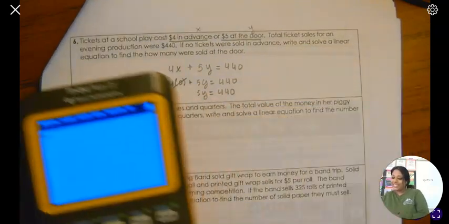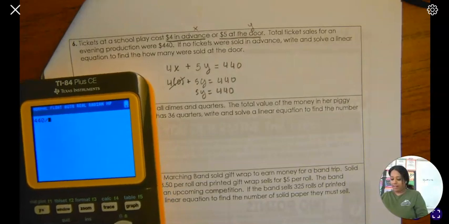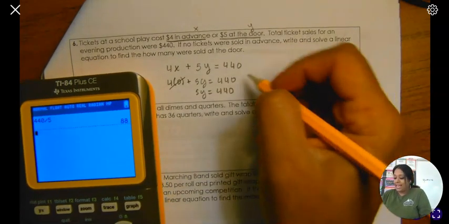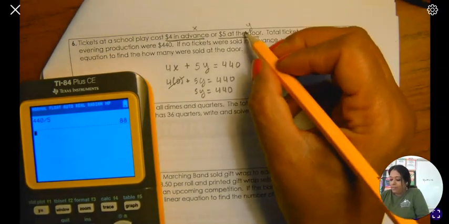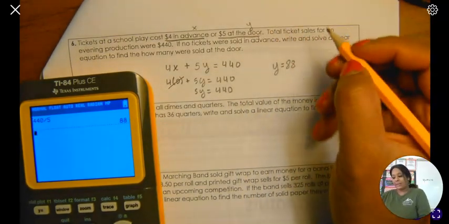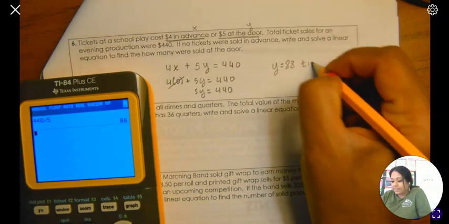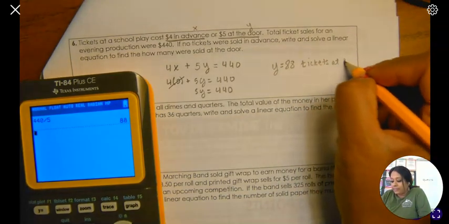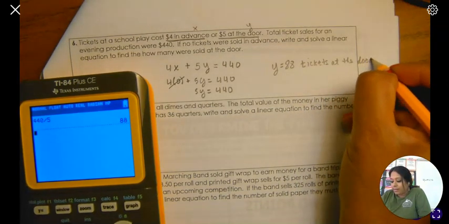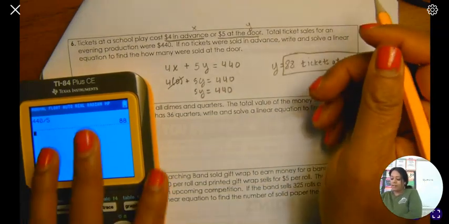That is 88. So y equals 88. And remember, y are the tickets at the door. So we sold 88 tickets at the door. Nobody wants to buy them in advance.